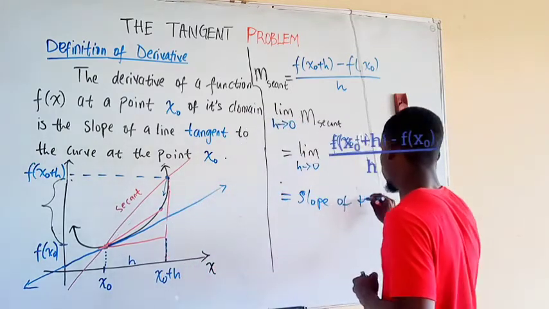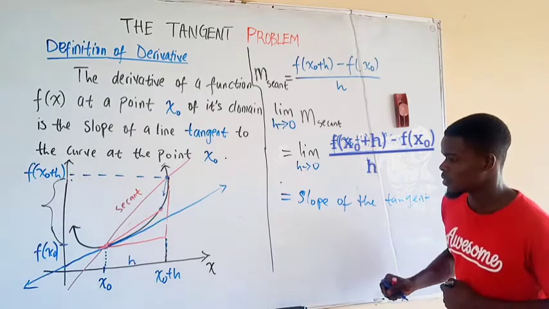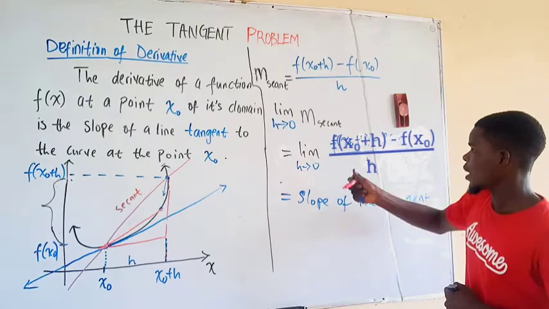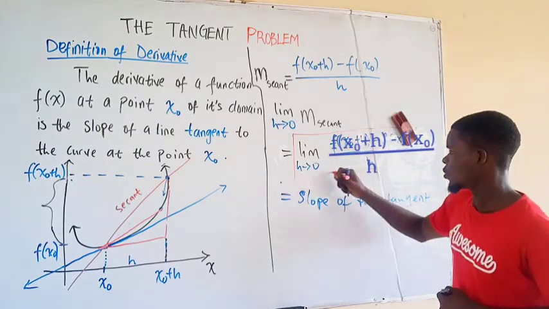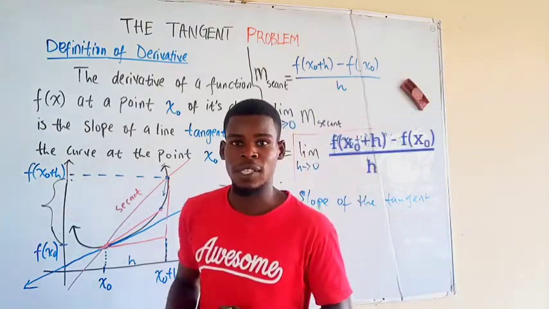Just as this limit will have a real value, that is going to be the derivative of that function at that point.